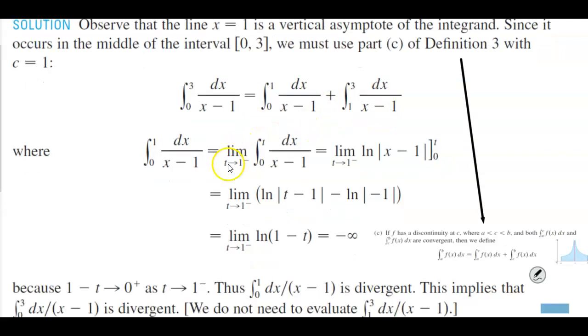Now what we're going to do is rewrite this in terms of our previous definitions. So we take the limit as t approaches 1 from the left, going from 0 to t, of dx over x minus 1, which becomes the limit as t approaches 1 from the left of the natural log of the absolute value of x minus 1 going from 0 to t.